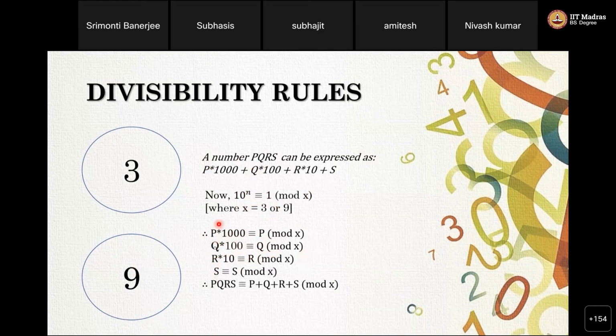I'm continuing this for each of P, Q, R, and S. When I sum these four up, on my left hand side I get this equation, which is basically my number, PQRS. And this is congruent to P plus Q plus R plus S mod x. That is the digit sum. So if this remainder is divisible by 3 or 9, it implies that the entire number is divisible by 3 or 9, right? So hope it's clear.